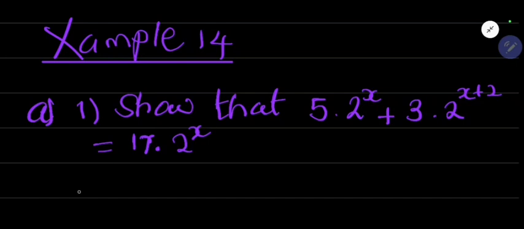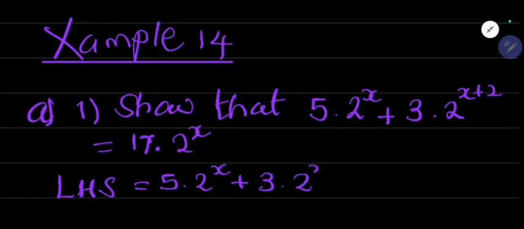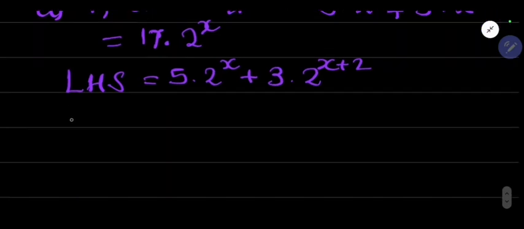So quickly let us go with the left hand side of this thing. Let us rewrite it. It is 5 times 2 exponent x plus 3 times 2 exponent x plus 2. Now what are we going to do with this, guys?